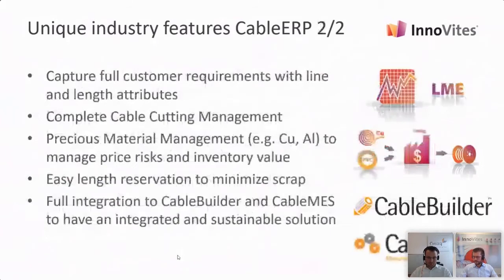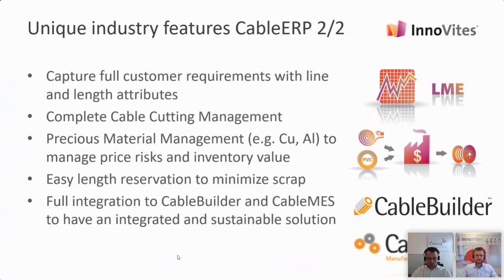Another feature that we see more and more at our customers is that their customers come with more detailed requirements. So we have what we call line and length attributes. You can associate detailed information about your customer requirement in a very structured way. Cable cutting, of course, is part of the features that we offer.